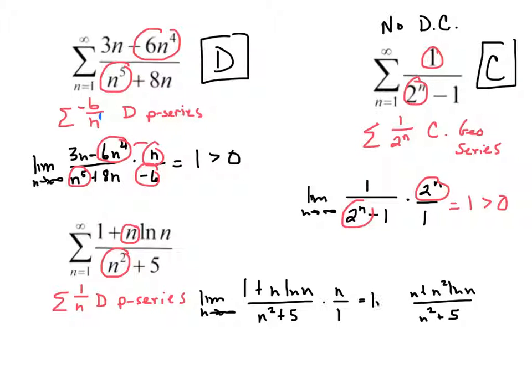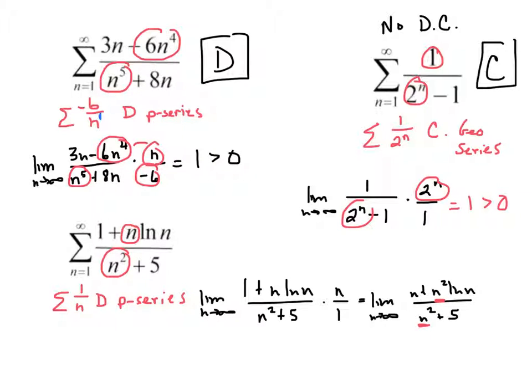Now this is kind of tricky, because you certainly see that the highest power is n squared on the top and on the bottom. But it's not just a number times n squared. It's not as simple as saying that, like up here, we could just use the coefficient. It's not like that. But I want you to think about this.